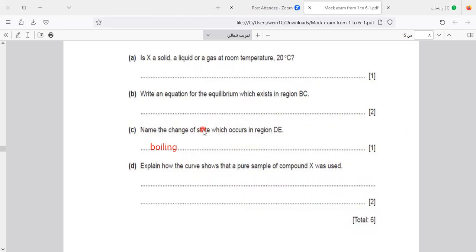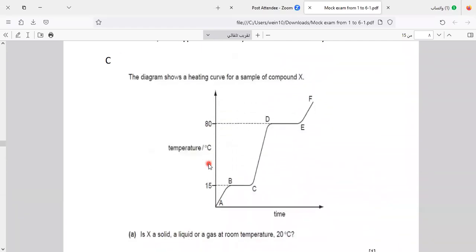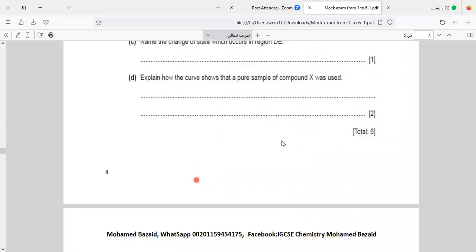Explain how the curve shows that a pure sample of compound X was used. From the curve, as you see, it has a sharp melting and boiling point. But how many marks for the question? 2 marks.